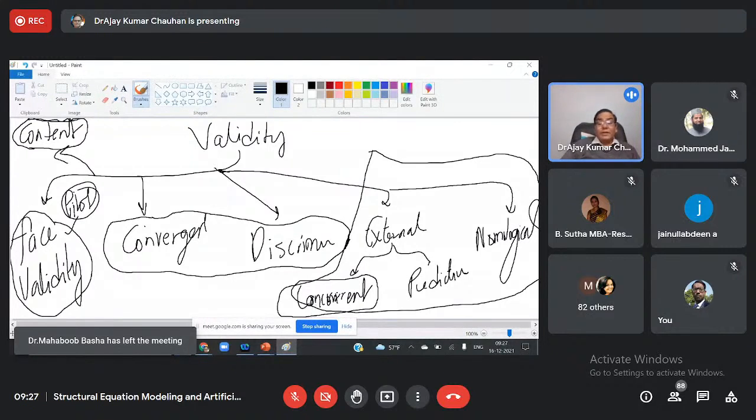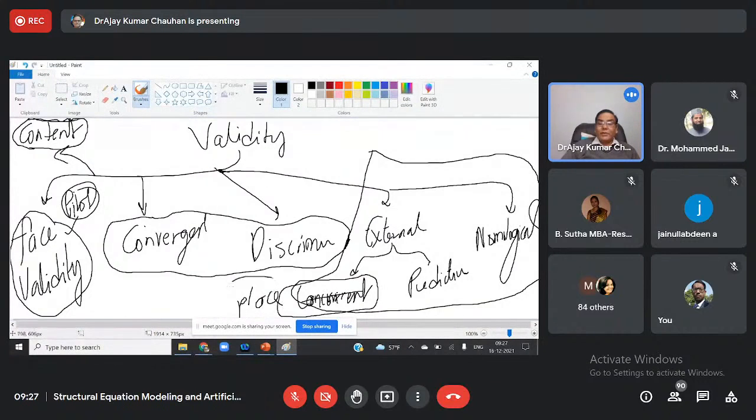If yes, then it is concurrent validity, because it is now external to your research. If you expect the same conclusion in any different part of the globe, different part of the country, or internationally, then it is called concurrent validity. Concurrent validity is outside with respect to place. Here we are talking about whether your research is valid in different places or not.